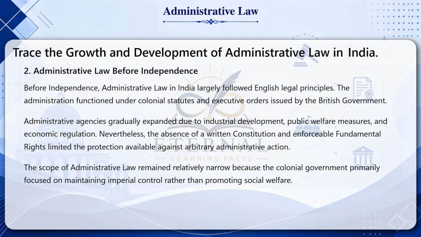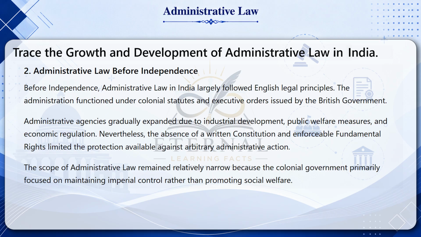Second, administrative law before independence. Before independence, administrative law in India largely followed English legal principles. The administration functioned under colonial statutes and executive orders issued by the British government. Administrative agencies gradually expanded due to industrial development, public welfare measures, and economic regulation.